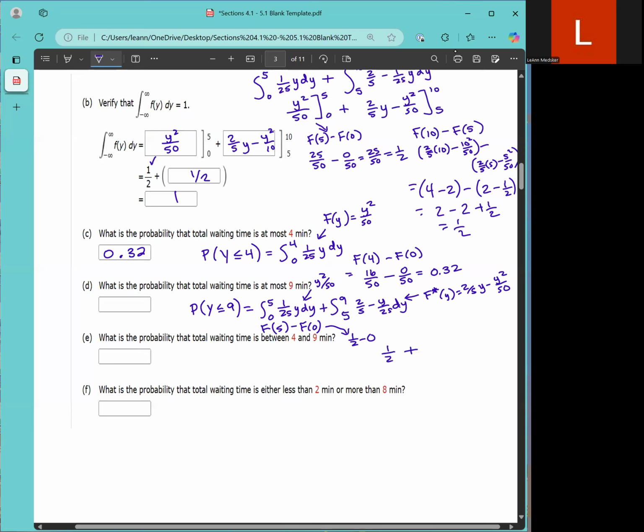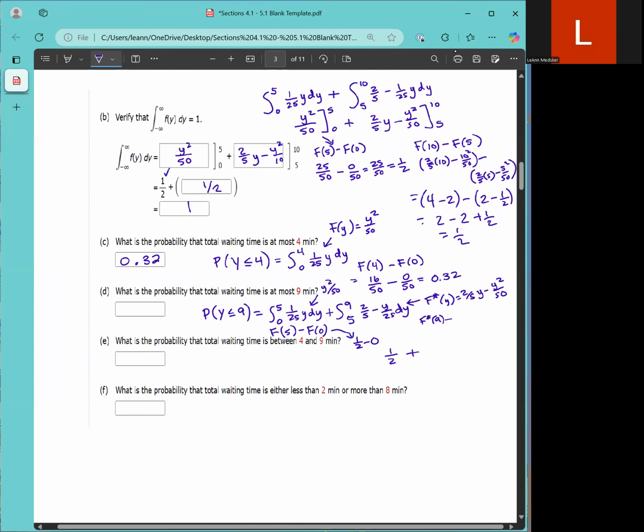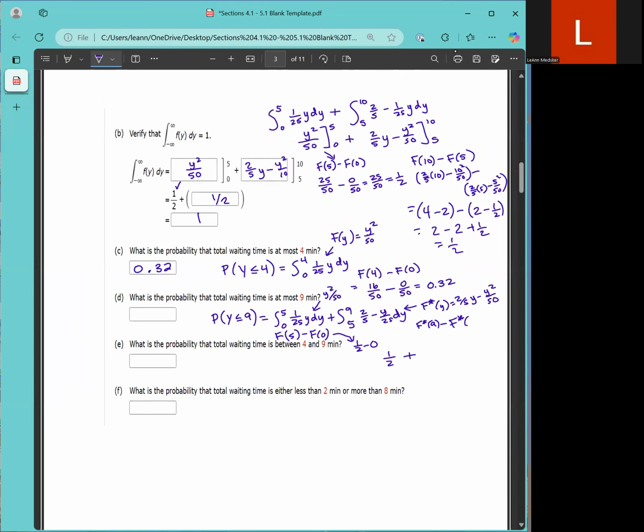And then for this one, we have to do both. So F star of 9 minus F star of 5. So if we plug in 9, we're going to get 18/5 minus 81 over 50, and then minus, and then we'll have 2 minus 1/2. Okay.